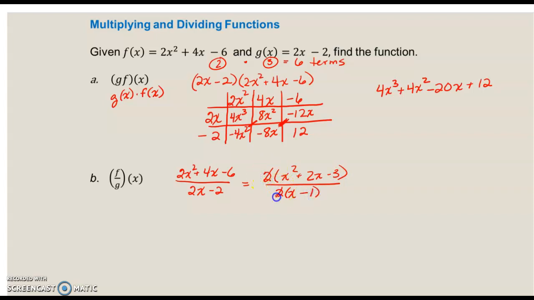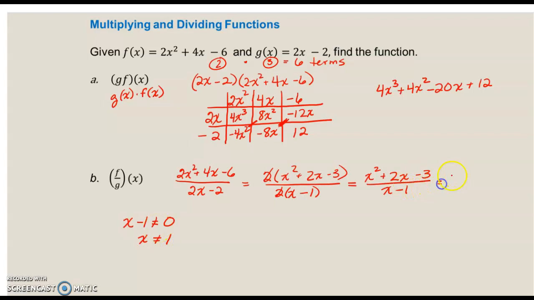The 2's will cancel out, and you're left with x squared plus 2x minus 3 over x minus 1. Now remember, when we were doing functions, the original up there, you had x minus 1 on the bottom, and we had to take that out. X minus 1 cannot equal 0. So x cannot equal 1.